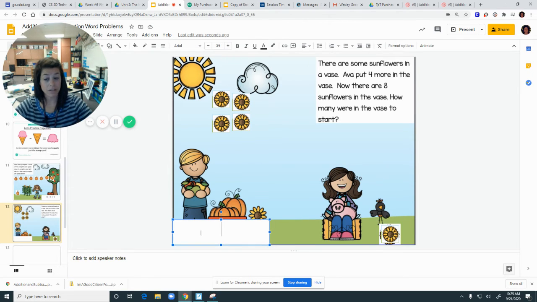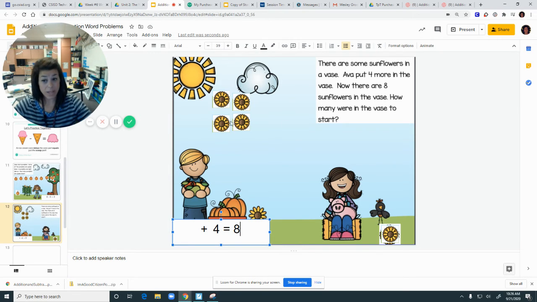So if I look, do I know the number of sunflowers I'm starting with? I don't. But what I do know is that I will be adding 4 to my vase. And I will end up with 8. So what do I add to 4 to get me to 8? Well, let's see. They said she put 4 in, and it got her to 8.